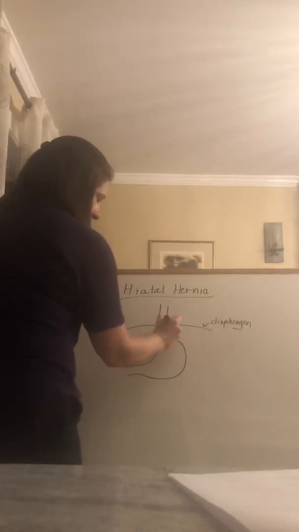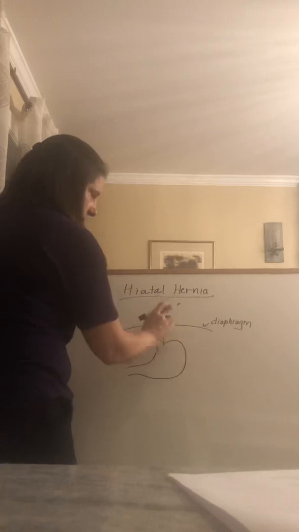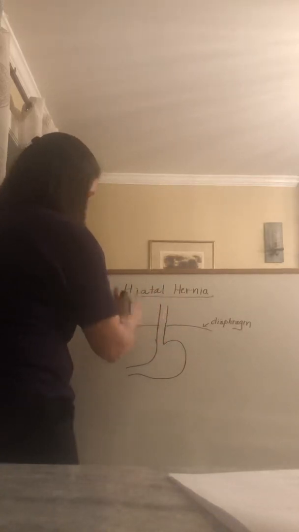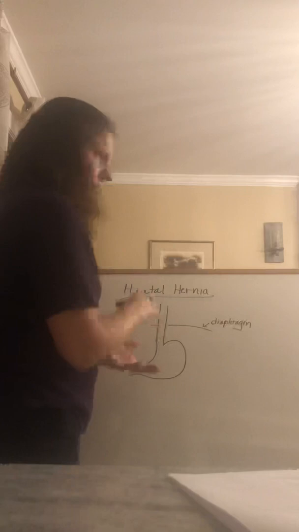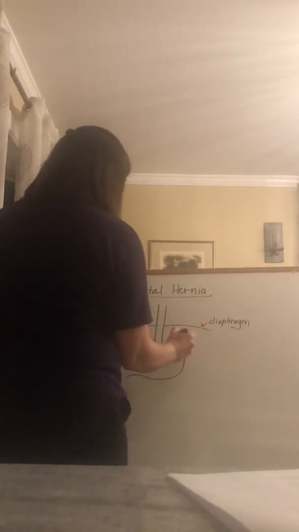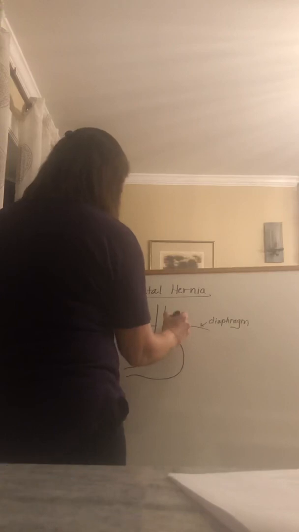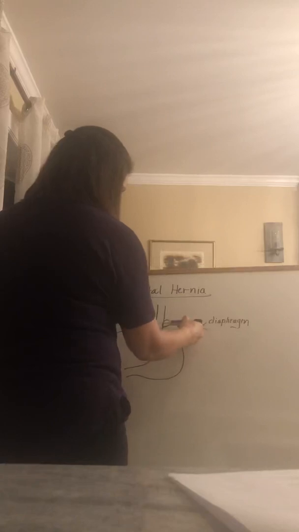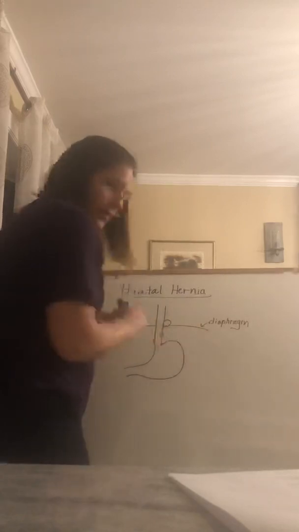And this opening, this kind of space or gap in the diaphragm where the esophagus passes through, is called the hiatus. So that's why it's called a hiatal hernia. What can happen in a hiatal hernia is the superior portion of the stomach can kind of bulge out sometimes, just at the juncture where the esophagus is penetrating the diaphragm. And so that's called a hiatal hernia.